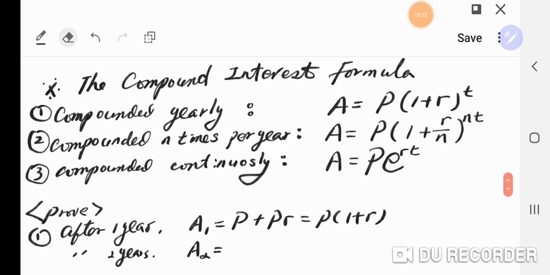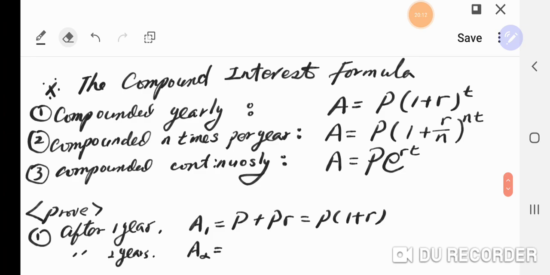Then we will divide the annual rate R by the number of times, so R over N will be the rate. And there are N times per year, so we will multiply T by the number of times per year, NT. The third one is we can compound continuously.